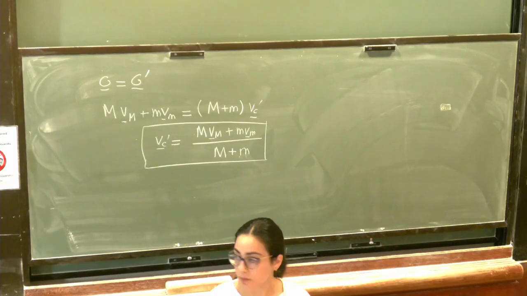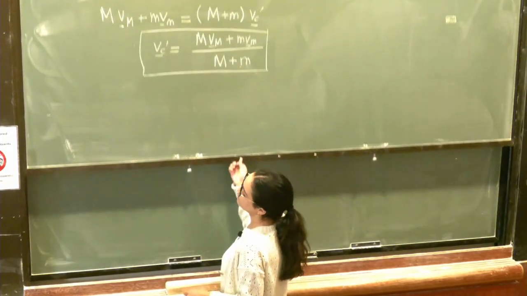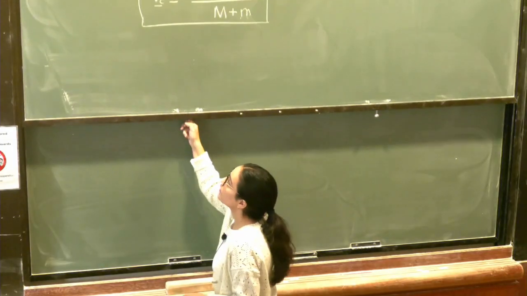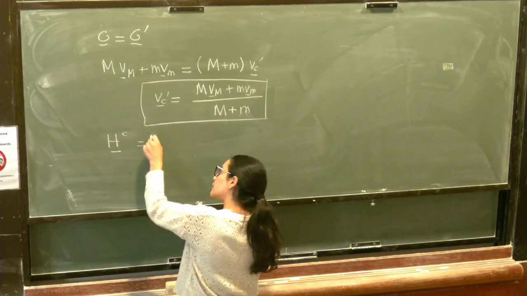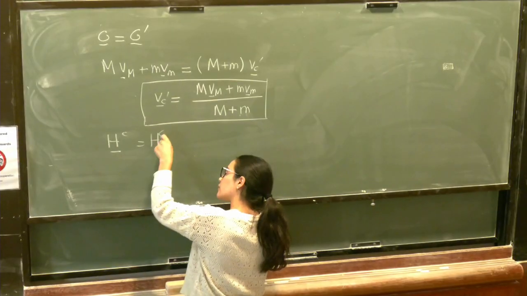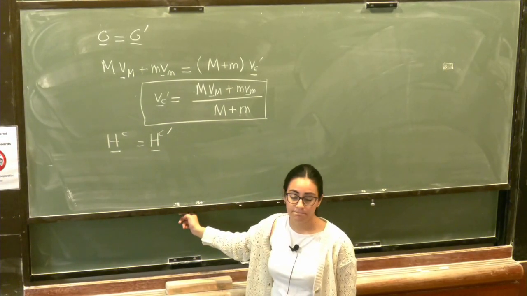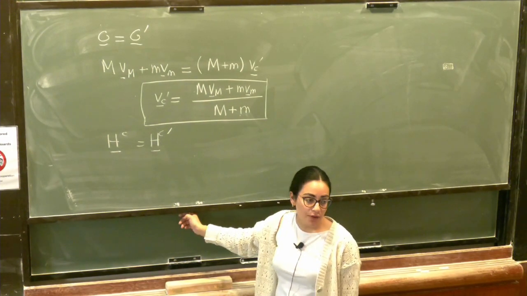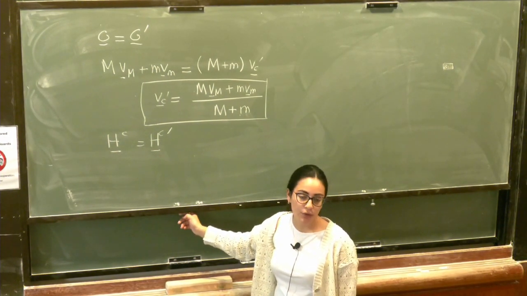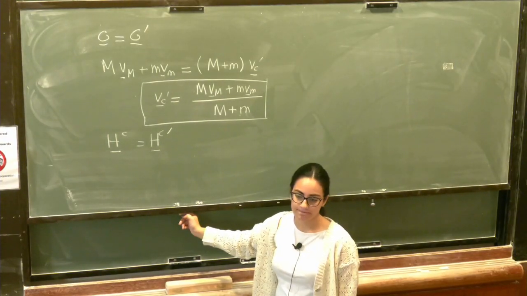Now for angular momentum. I think I'm going to need the board space, so let's do this. Hc is equal to Hc prime post-collision. Okay. How do I calculate the angular momentum of the system about the center of mass of the combined system C pre-collision?